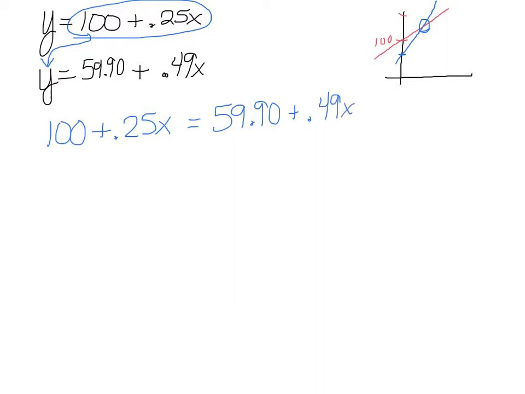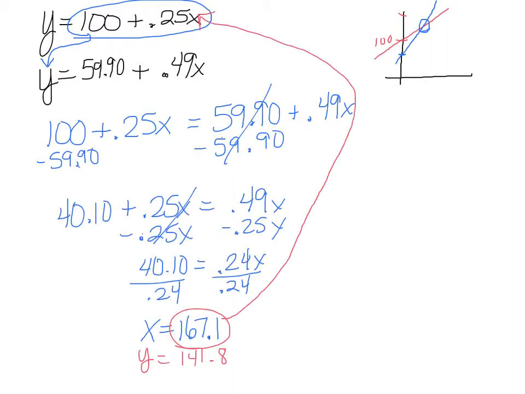Okay, why don't you take a minute and go ahead and solve for x. Okay, I went a little bit farther. Once I solved for x, I got 167.1. I plugged it back into the original equation and got my y value to be 141.8.